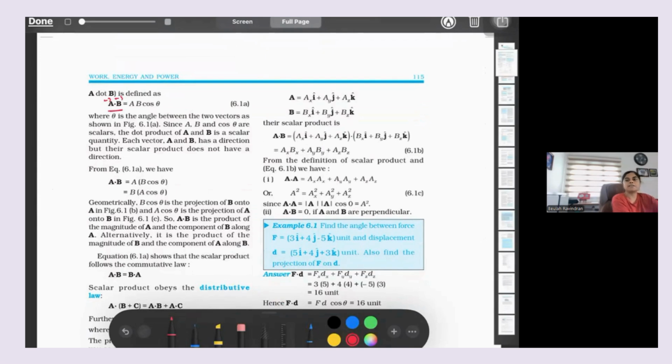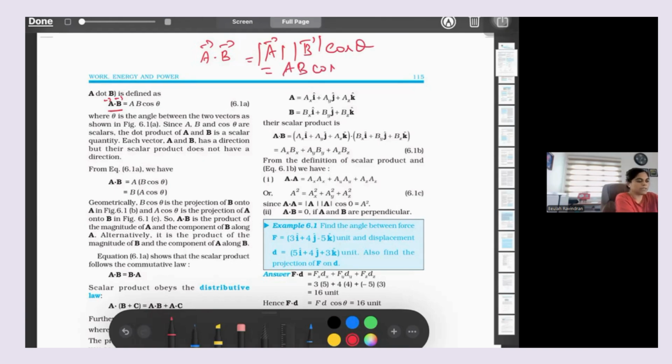But while you are writing, the block letter is not enough, so you need to write it like this: A vector dot B vector. Dot product means its resultant is not a vector, it is purely a magnitude. A dot B is equal to modulus of A vector, modulus of B vector, cos theta, or we can simply write AB cos theta.